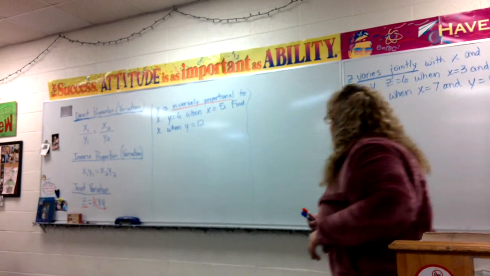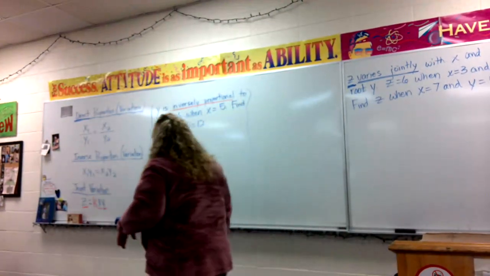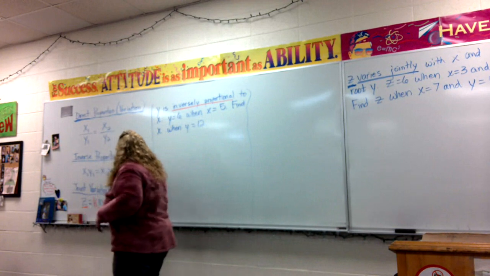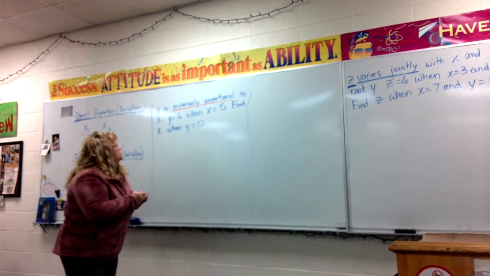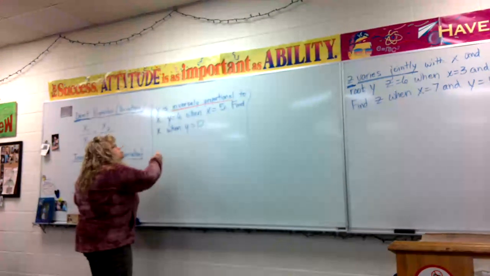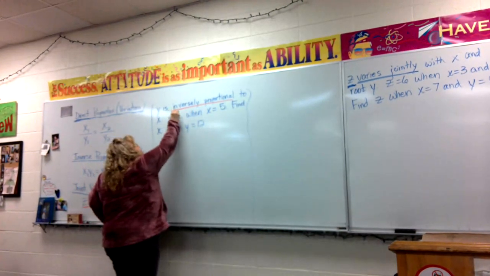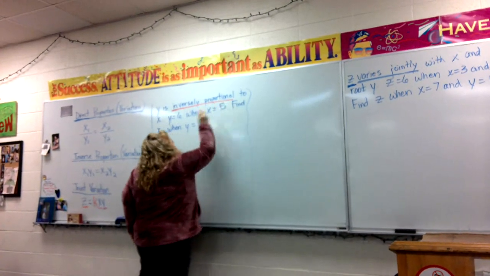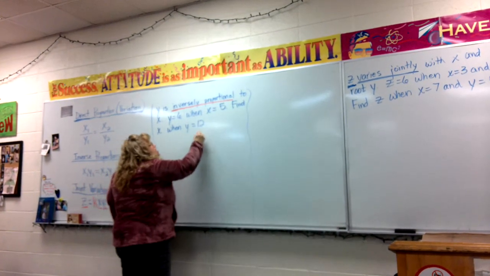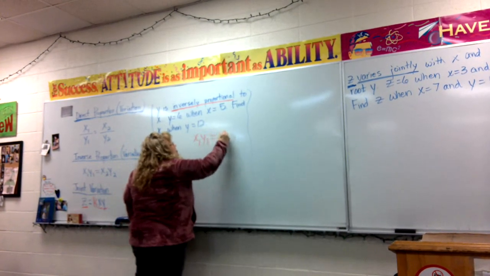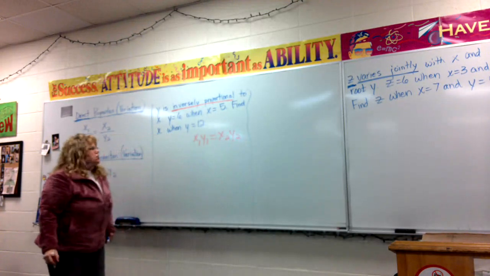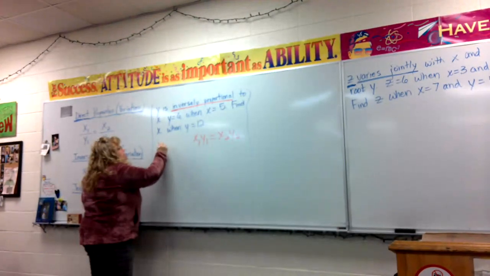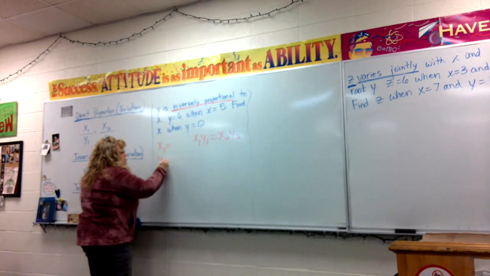Well, with an inverse proportion, it's just like yesterday's, except the formula looks a little different. But you solve it the same way. So look here, you look for the phrase inversely proportional, so I know it's going to be this. That's the inverse equation. And I like to write down the values first.